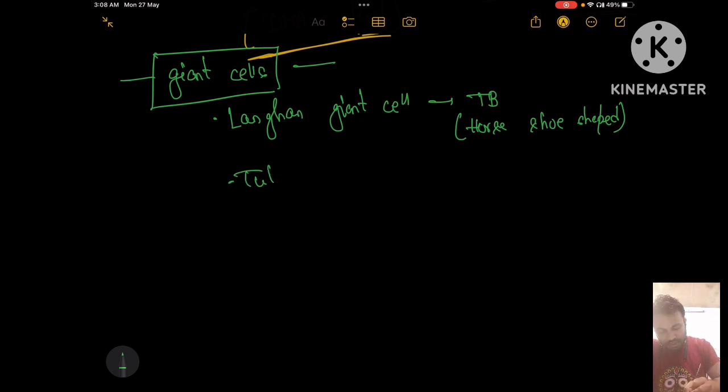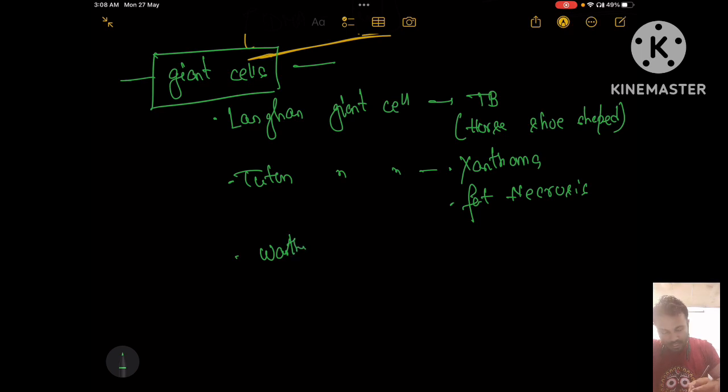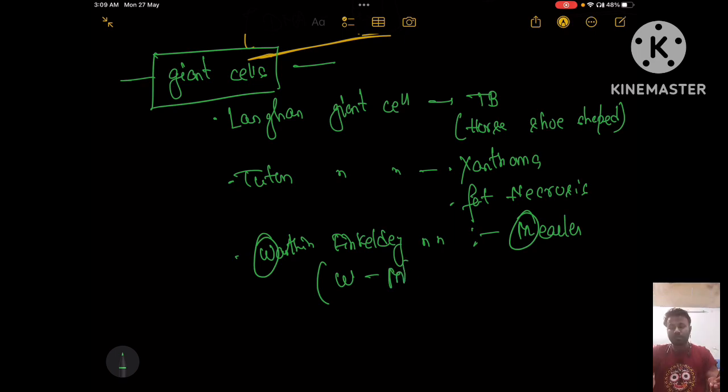Next, Touton giant cell, seen in xanthoma and fat necrosis. Next, Warthin-Finkeldey giant cell, WF, seen in measles.